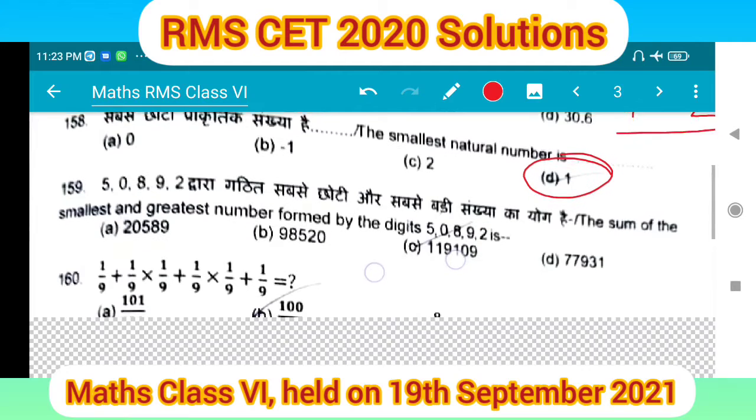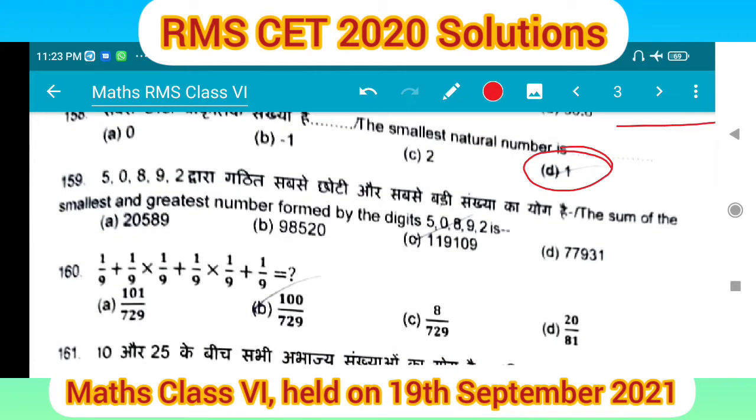Next, smallest and greatest number formed by the digits. The greatest number is 9, 8, 5, then 2 and 0.